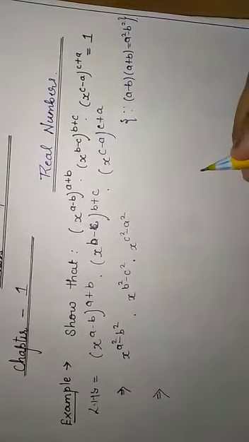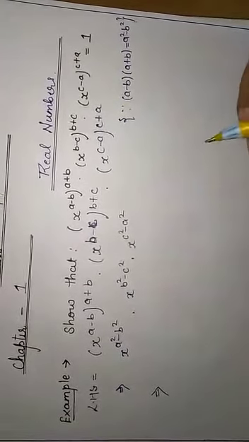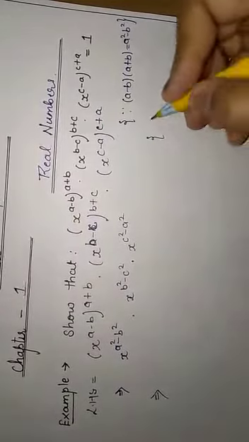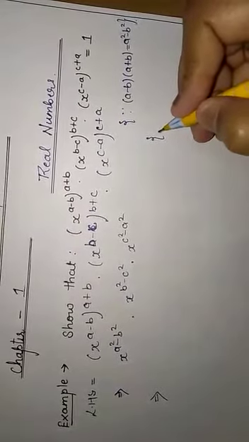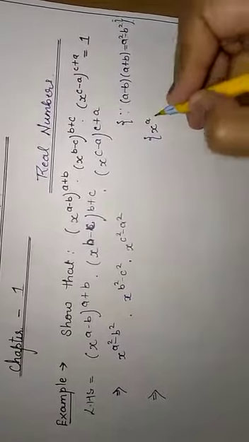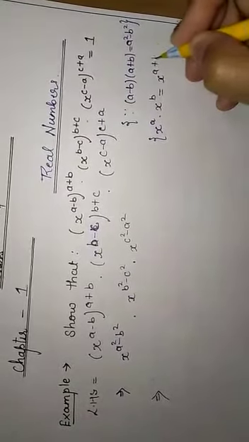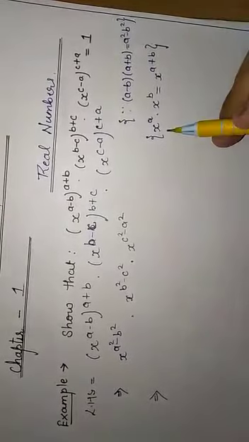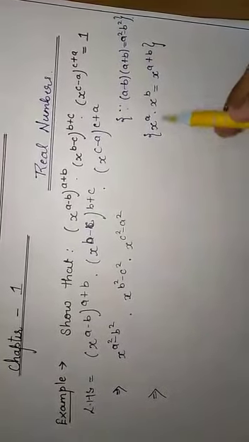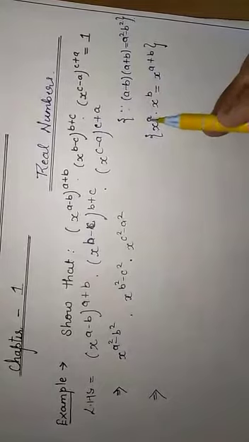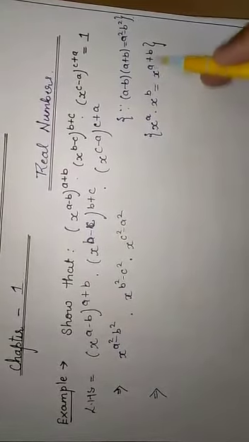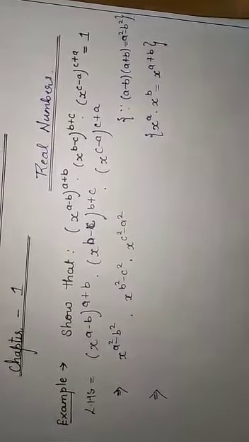Now using the law of exponent x to the power a multiplied by x to the power b is equal to x to the power a plus b. Here the bases are equal, so the powers get added with each other.